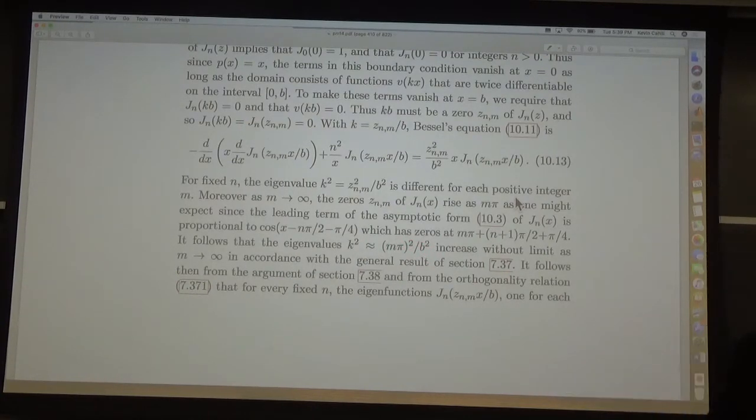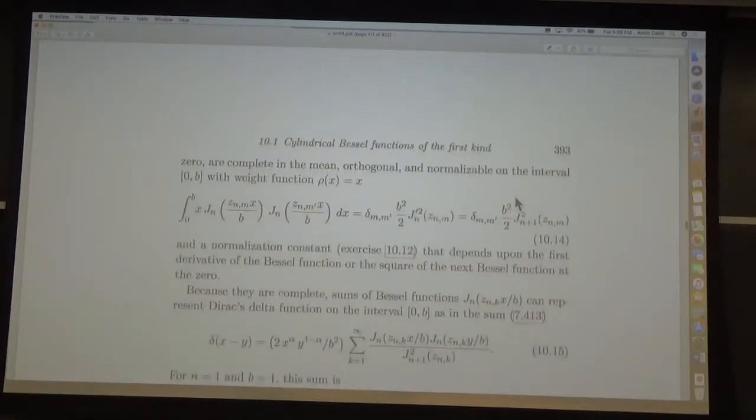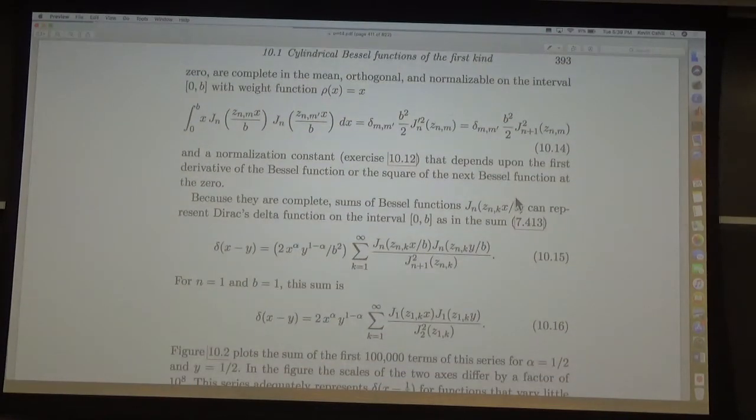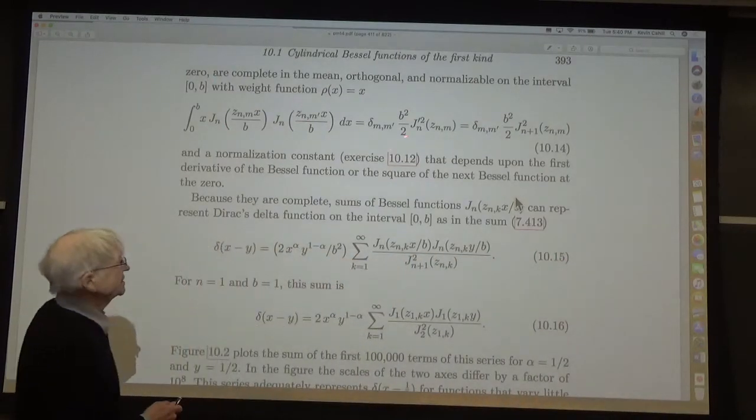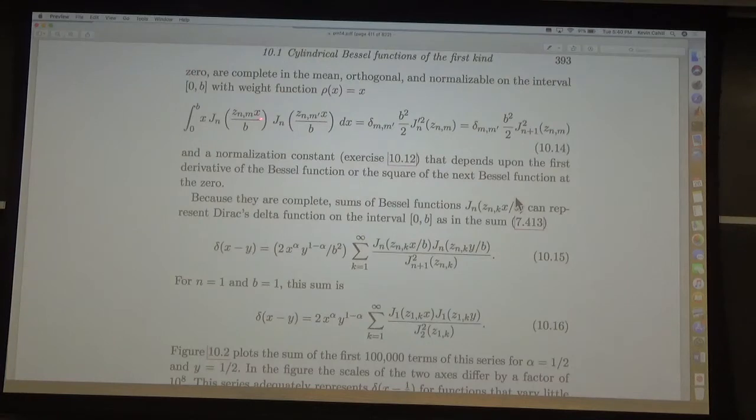They increase without limit as m goes to infinity, so the Bessel functions are complete and can represent differentiable functions on the interval that are normalizable and that vanish at the two endpoints. They then form an orthonormal set, normalized in this way. They're orthogonal. For different values of m, you get this orthogonality relation.